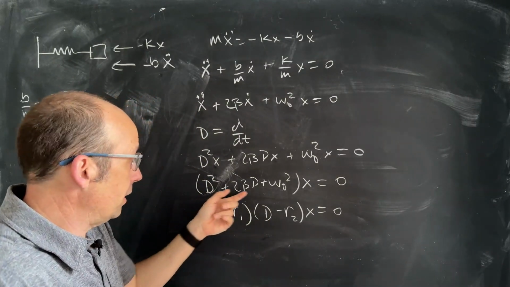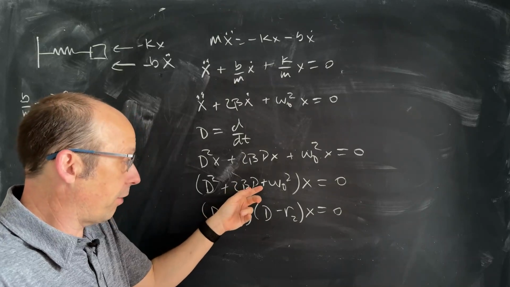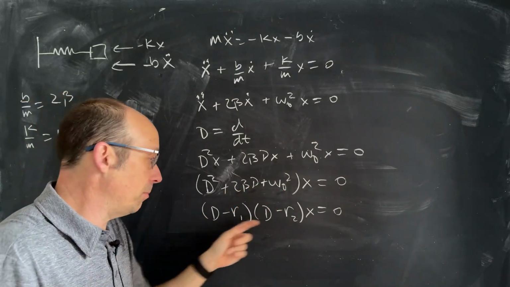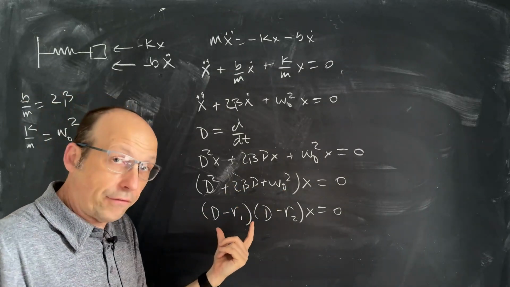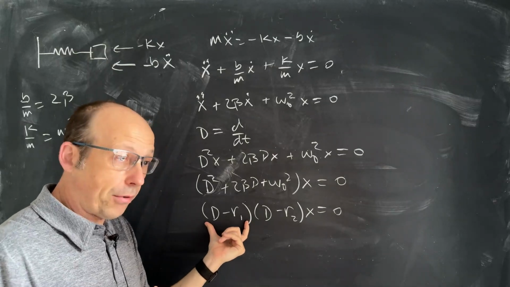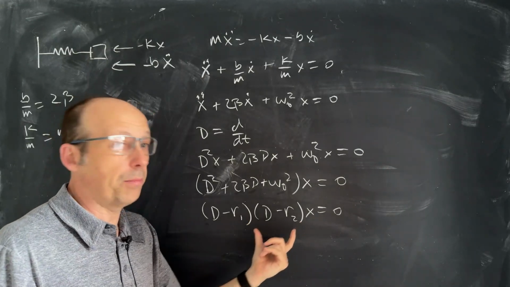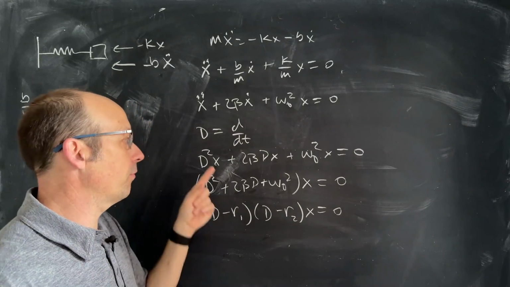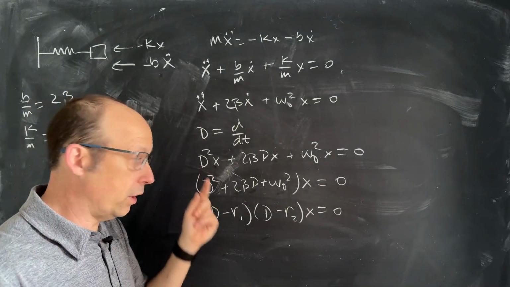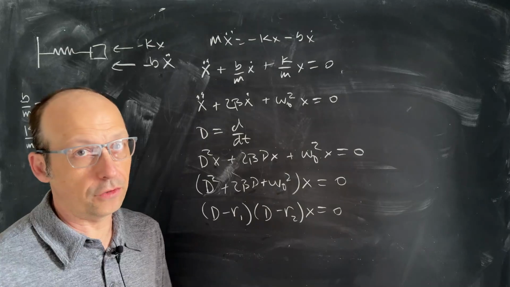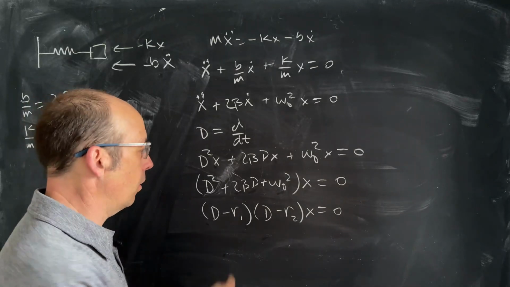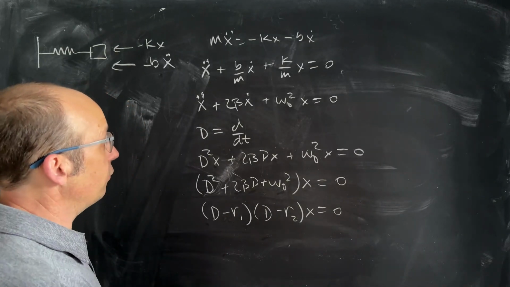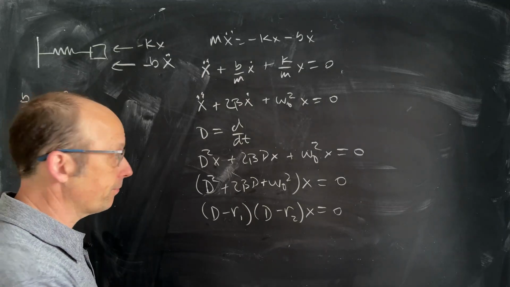So I have two options: this operator could be 0, or this operator could be 0, operating on x. We break the problem from a second-order differential equation into two first-order differential equations, and that's kind of cool. Now let's find these values of r1 and r2.